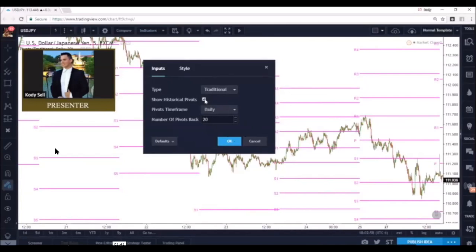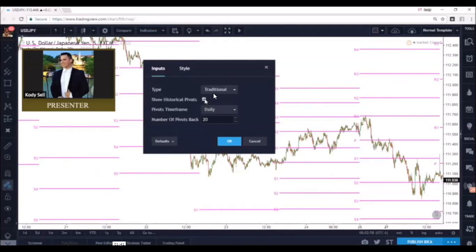Once you get it on your TradingView, you can click on any one of these lines on the page, right click it, and go to format. You want to change the pivot time frame to daily.